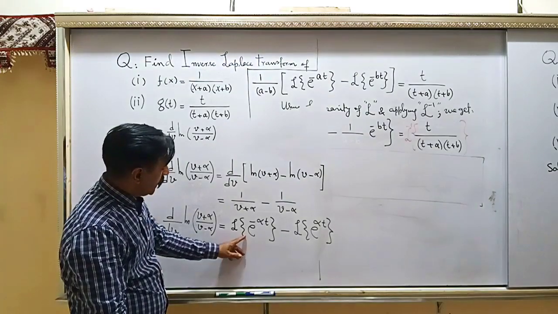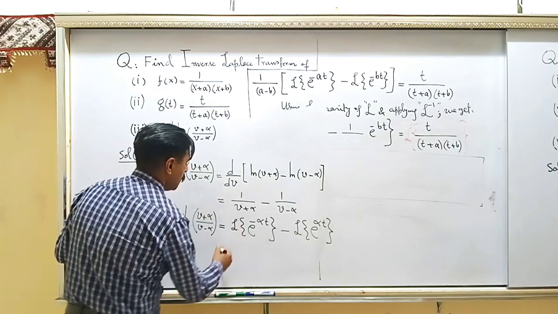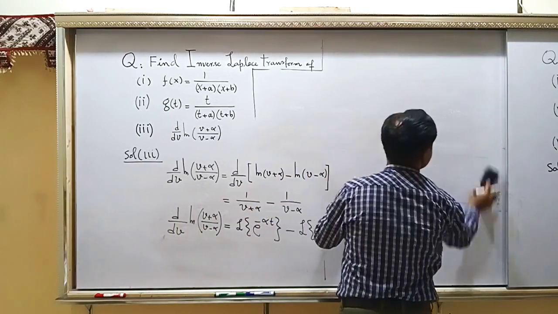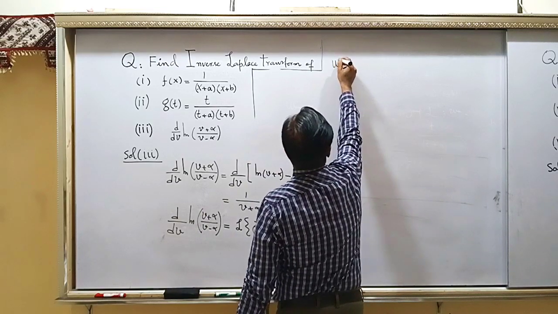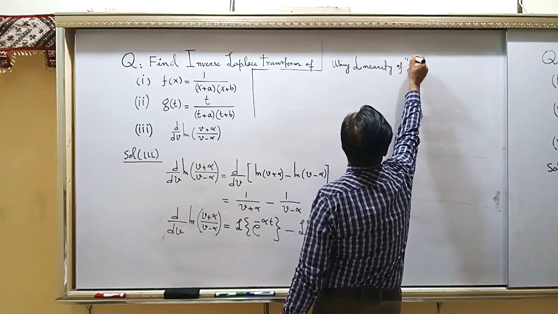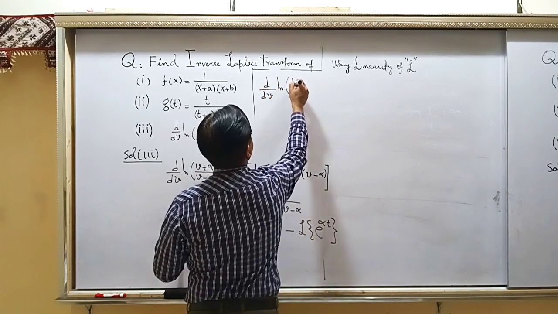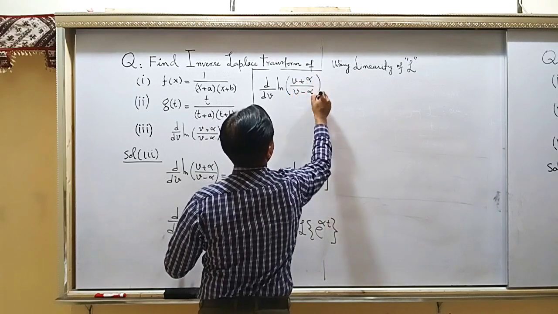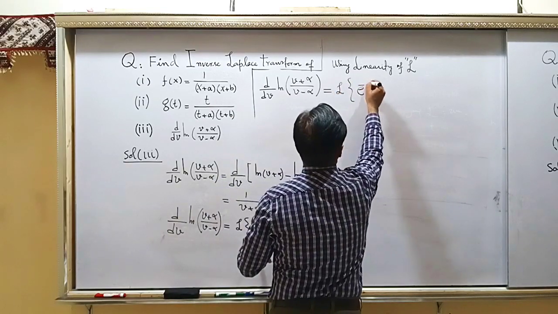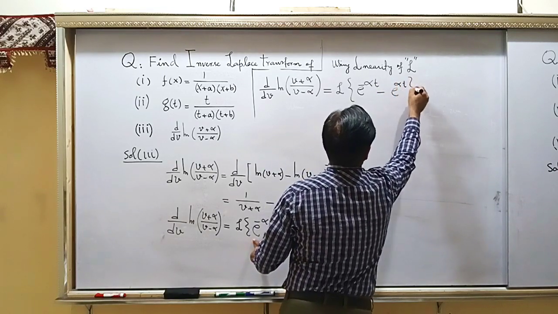Now you have the Laplace transform operator, and it has the linearity property, and using linearity of the Laplace transform operator L, d by dv of log of v plus alpha over v minus alpha is equal to the Laplace transform of this e to the power minus alpha t minus e to the power plus alpha t, right?